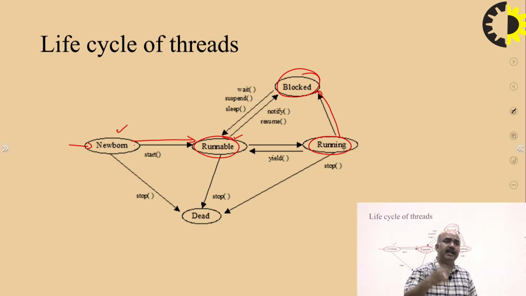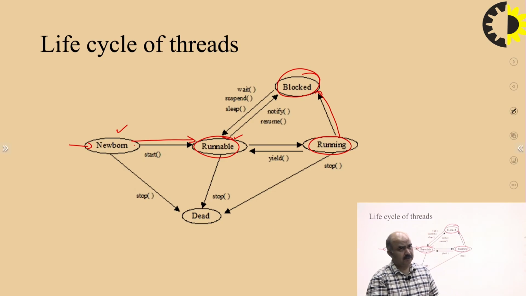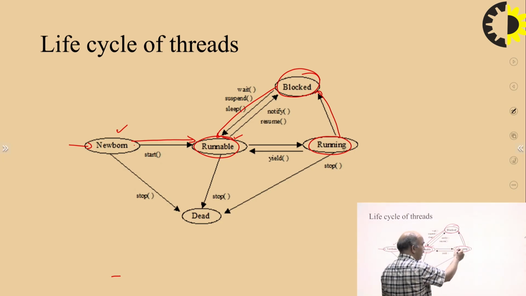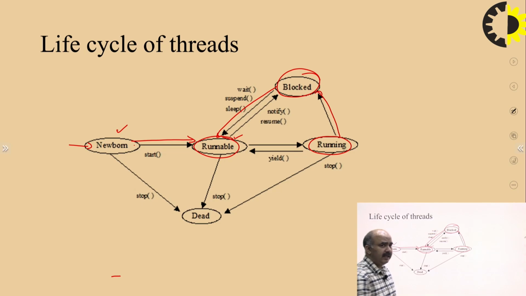When another thread holds the resource, the thread is moved to the blocked state. Now, once the resource becomes available, it moves back to the runnable state. In this runnable state, the resources that they needed are provided, and it moves again to the running state.